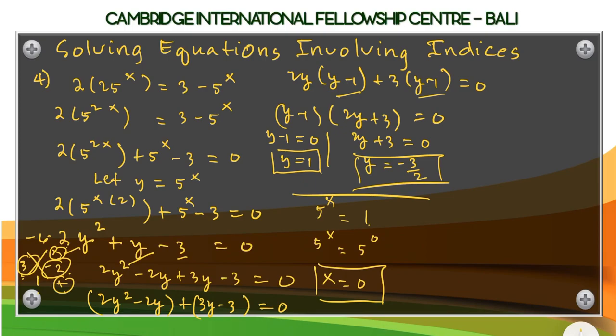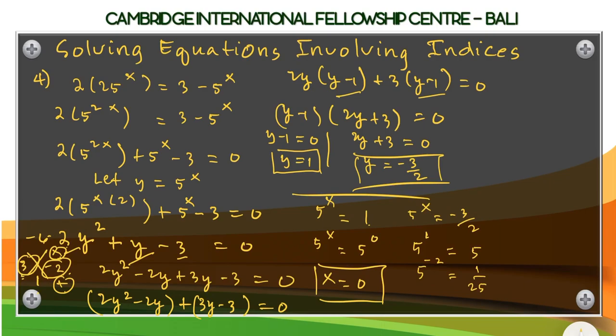Now what about y is equal to negative 3 over 2? So we have 5 raised to x is equal to negative 3 over 2. Notice that for whatever value of x here, it will not give you negative 3 over 2. For example, 5 raised to 1 gives you 5. 5 raised to negative 2 is 1 over 25. 5 squared is 25.